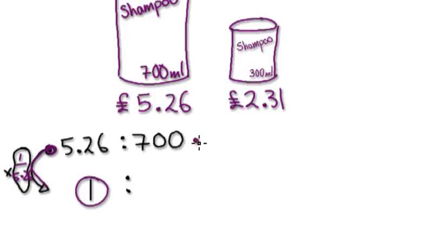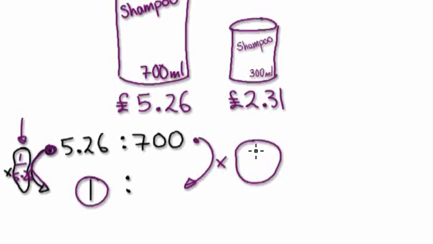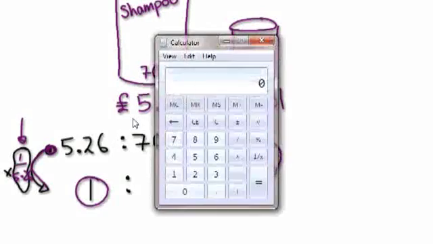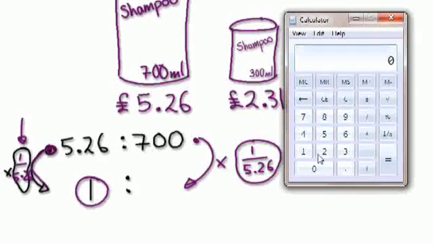Now let's use that same multiplier to get to this number here. I'm trying to work out this number here. So let's times it by the same multiplier as over here, which was 1 over 5.26. So jump to a calculator.